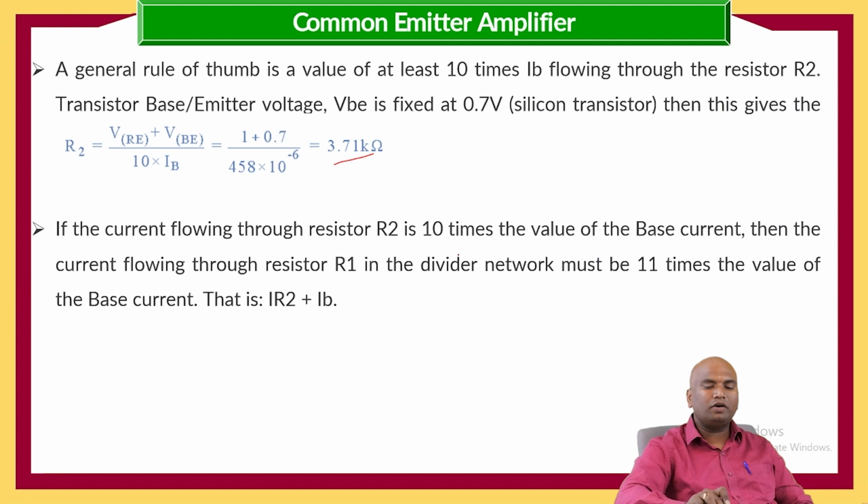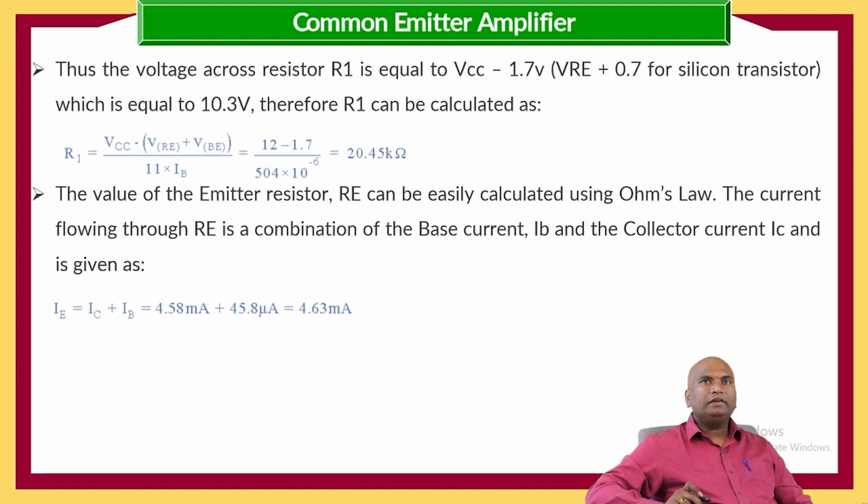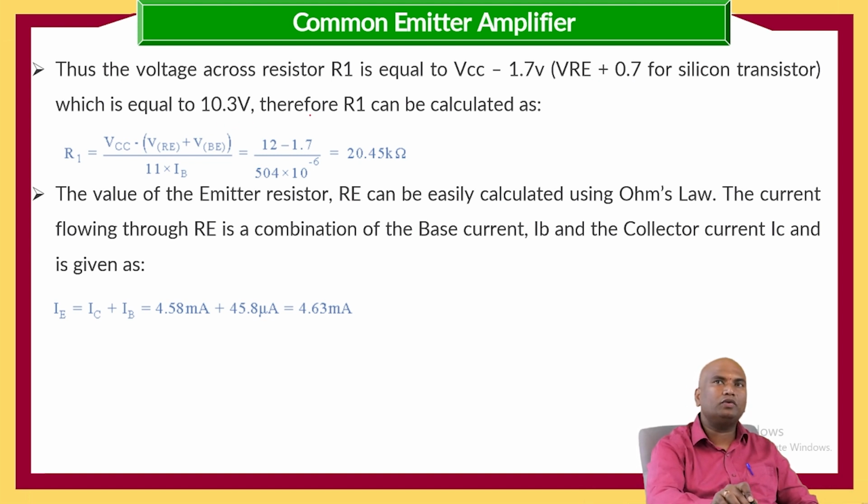If the current flowing through R2 is 10 times the base current, then the current flowing through R1 in the divider network must be 11 times the base current, that is IR2 plus IB. Thus the voltage across the resistor R1 is VCC minus 1.7 volts, where 1.7 is VRE plus 0.7, which is equal to 10.3 volts.